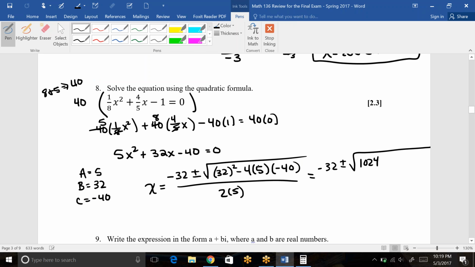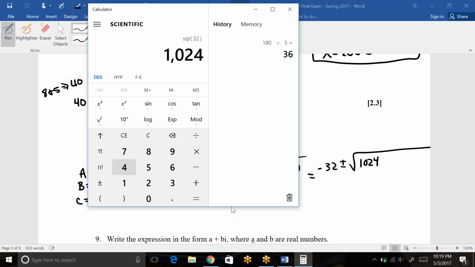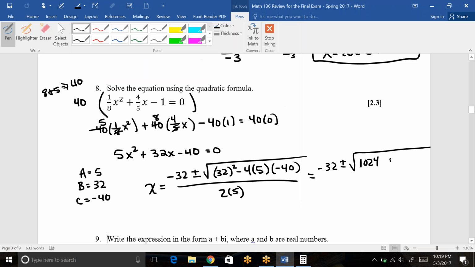And then we have to do negative 4 times 5 times negative 40. So negative 4 times 5 times negative 40 is positive 800, all over 2 times 5, which is 10. We need to add those two numbers inside that radical together, which is not too bad.